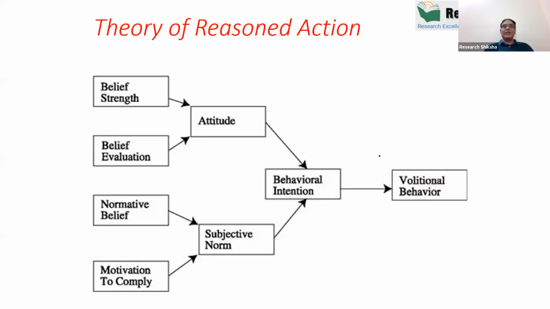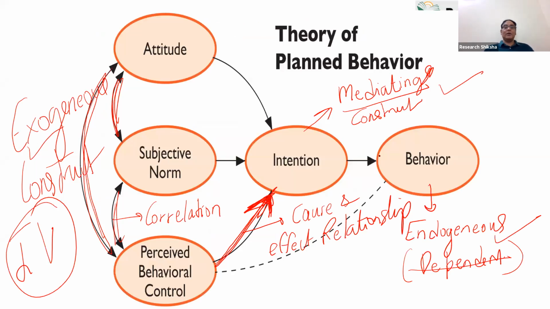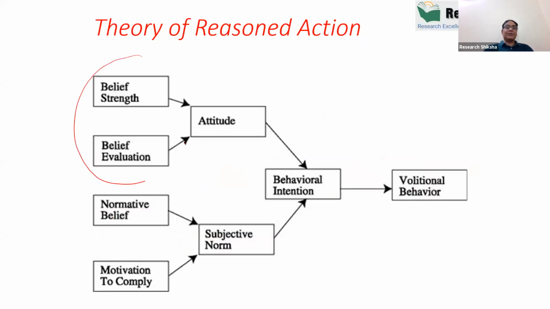Now this is another theory. This is called the theory of reasoned action, right? This theory is also applicable in consumer behavior, and the theory of planned behavior is a slight extension of the theory of reasoned action. This theory is also applicable in structural equation modeling, where behavioral intention, subjective norms, and attitude are involved. Basically, if you see this model and this model, there is a backward explanation of the attitude and the subjective norms.